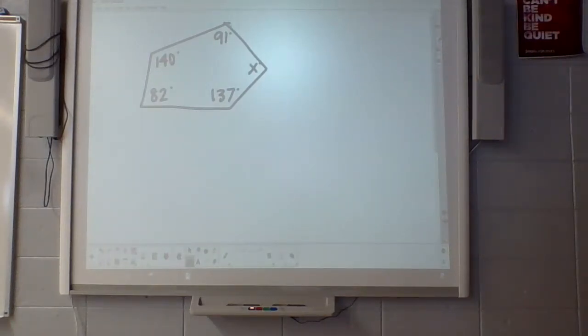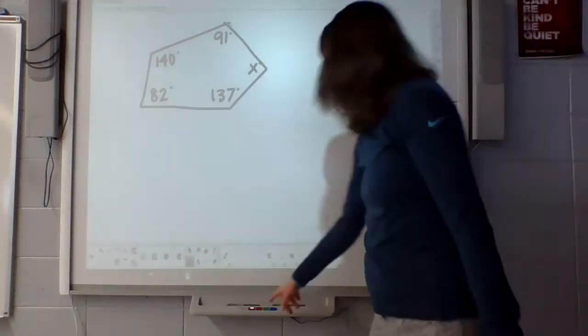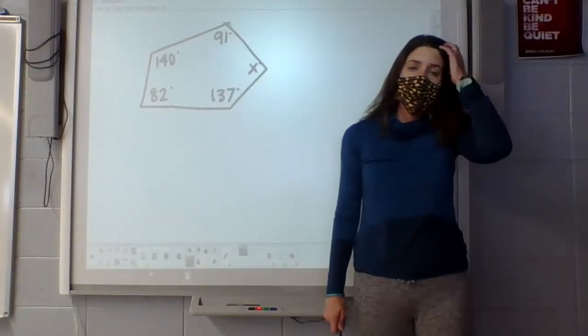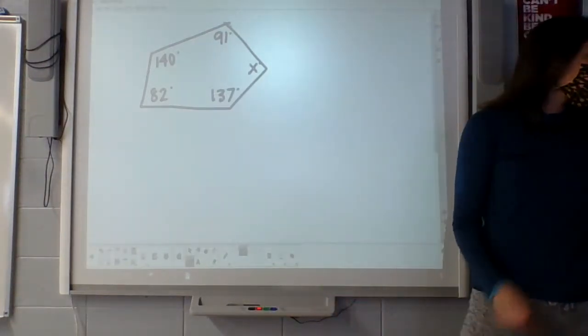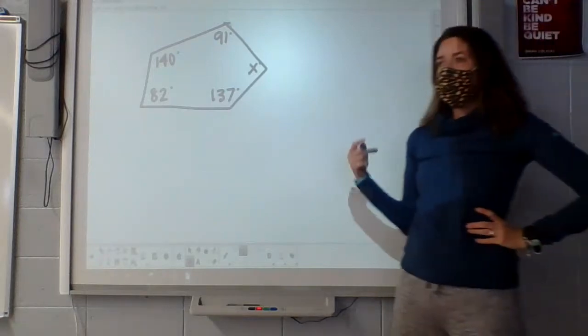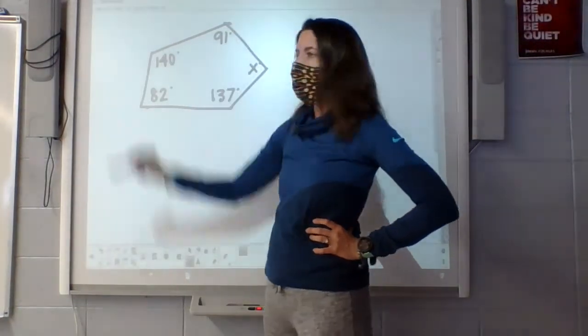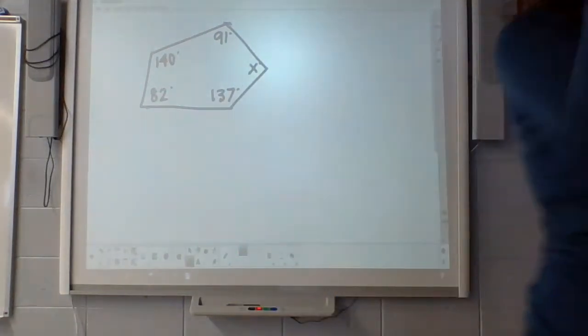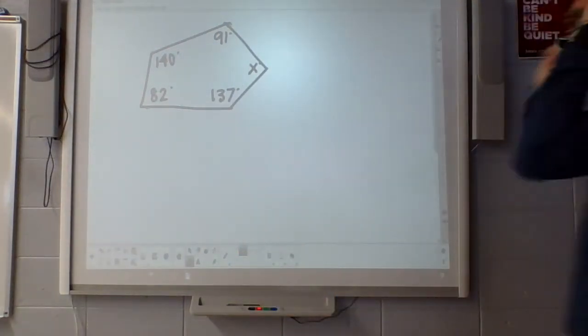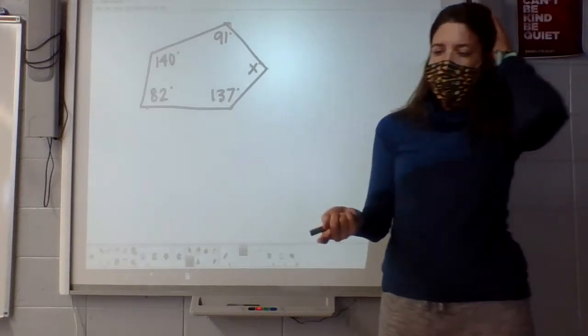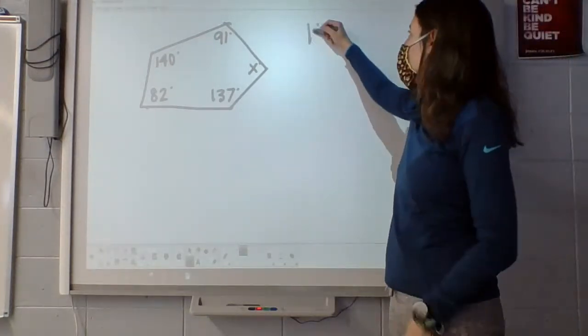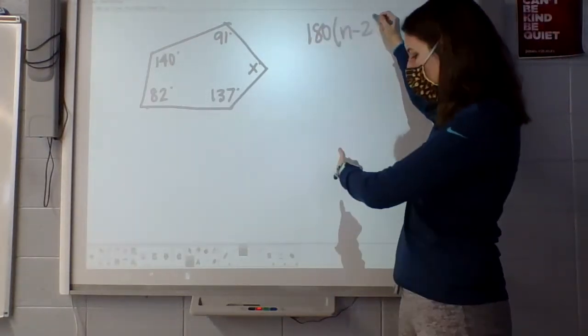Okay, so guys, I'll give you a little trick. The number of sides and the number of angles are the same amount. So you can count the number of angles and see it's 1, 2, 3, 4, 5 angles. So that means it's also 5 sides. If this is 5 sides, you can either look at your chart or you can do 180 times n minus 2.